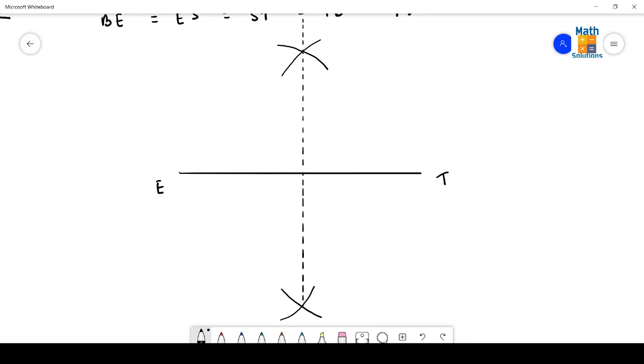So after this, taking E and T as the centers, we shall be drawing two arcs of length 4.5 cm which intersect at a particular point above ET. So from E, I have to check the measurement at what point the length will be 4.5.